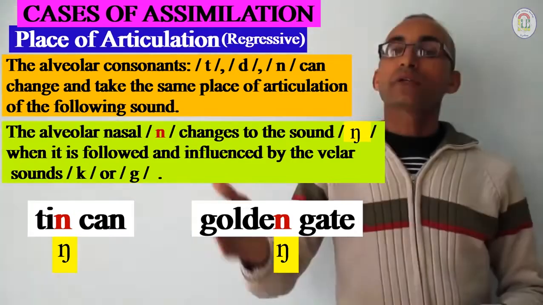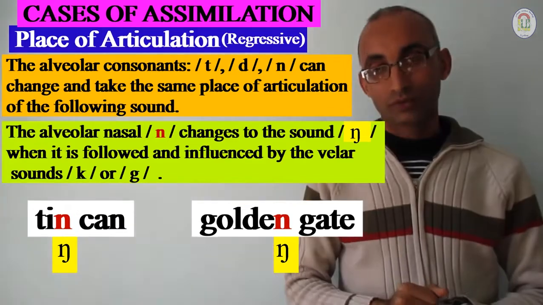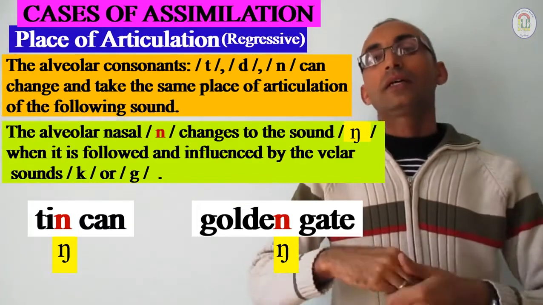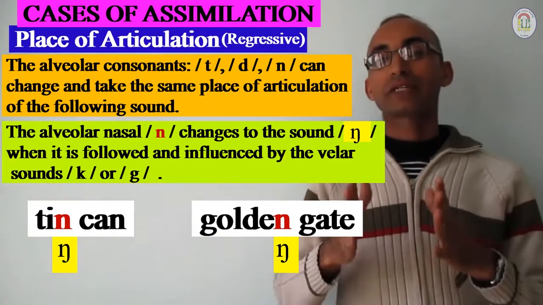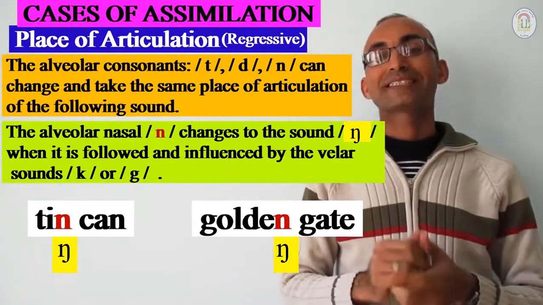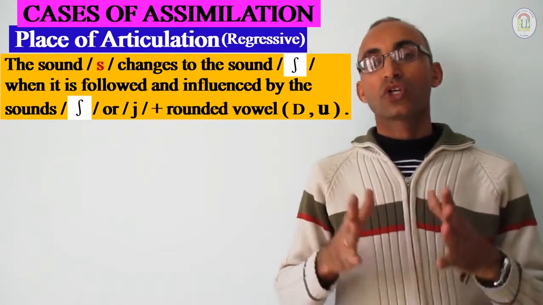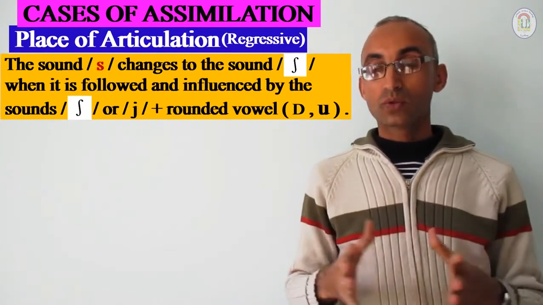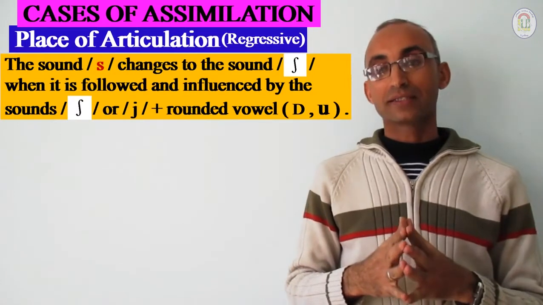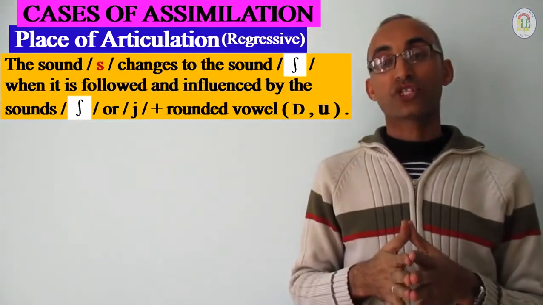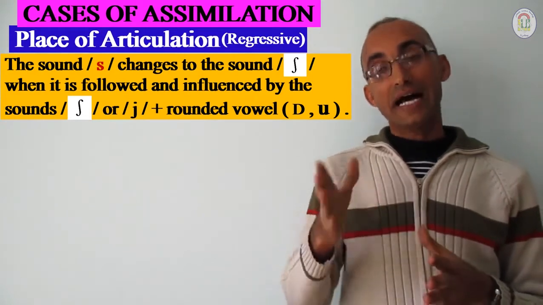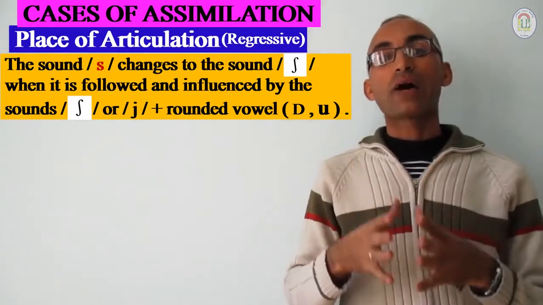Good. Another case of assimilation, regressive always, within consonants and also concerning the place of articulation, happens to the sound sa, which changes to sha when the sa is followed by sha, or ya plus a rounded vowel.